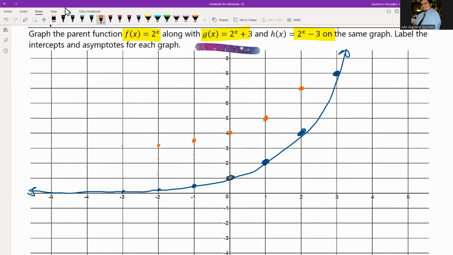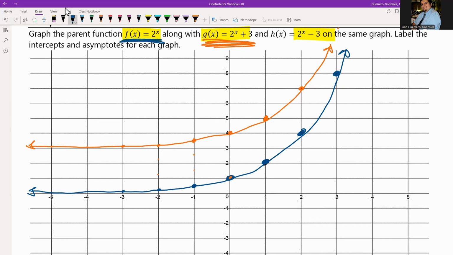Okay, and hopefully you guys see, now we can play connect the dots. Starts down here. I'm trying to make them go through all the points. There we go. Close enough. So then that is g of x, and this is going to be my f of x.